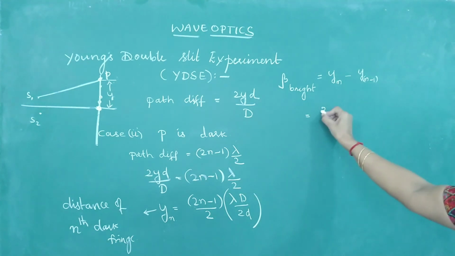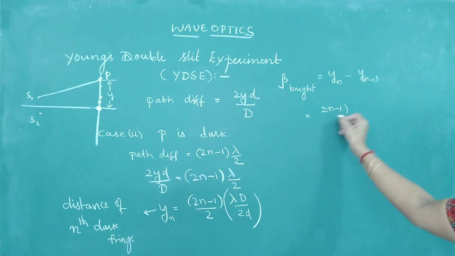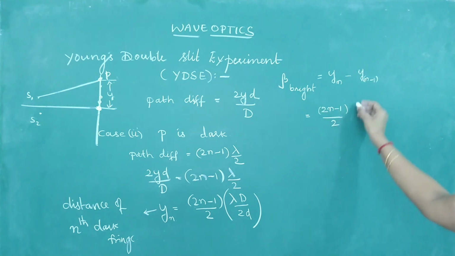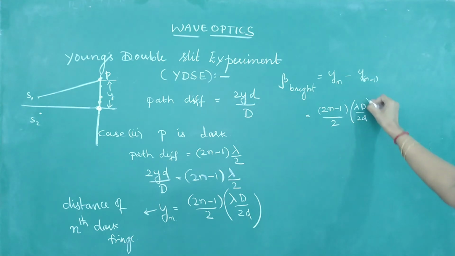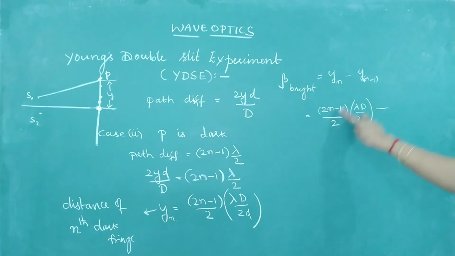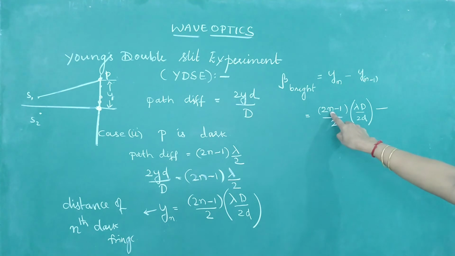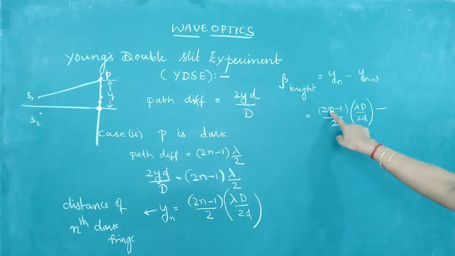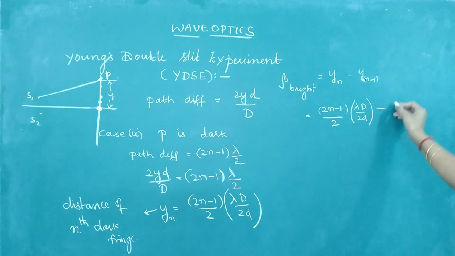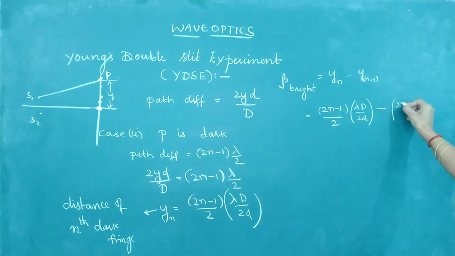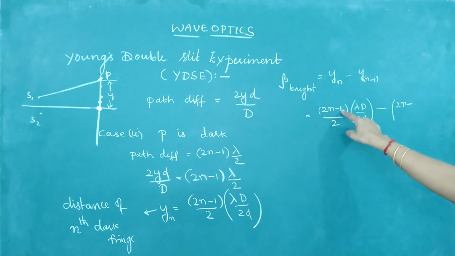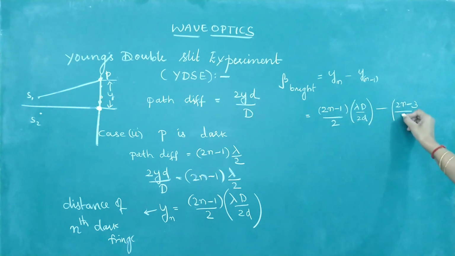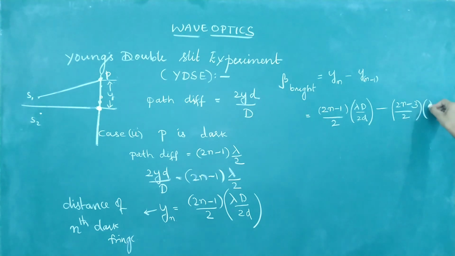Yn is 2n minus 1 by 2 lambda capital D by 2d minus, in the place of n, write n minus 1. If this becomes n minus 1, you will get 2n minus 2 minus 1, which is minus 3 by 2 lambda capital D by 2d.